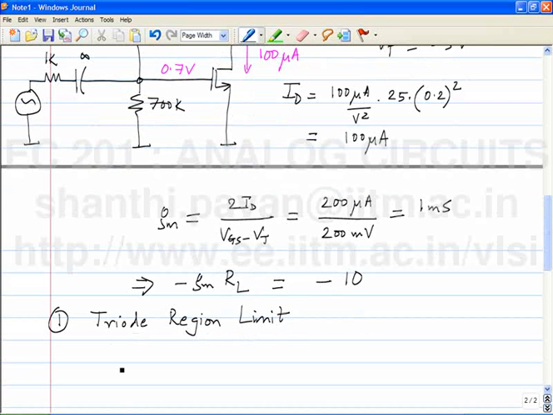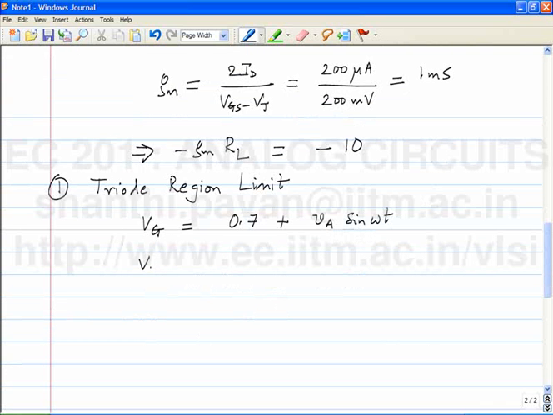What is the absolute voltage at the gate node? VG is, yes, and what is VGS? The quiescent voltage is 0.7 volts plus some amplitude VA sine omega t, where omega is the frequency of the input. What is VD, the absolute potential at the drain?